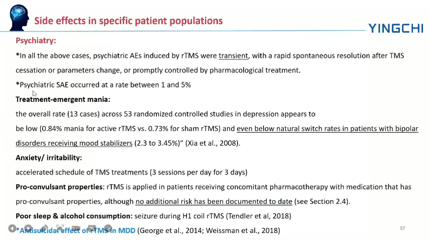And this psychiatric serious AE occurred at a rate between 1 and 5%. So for treatment emergent mania, this rate is relatively low and may be lower than the natural switch rates in patients with bipolar disorders receiving mood stabilizers.